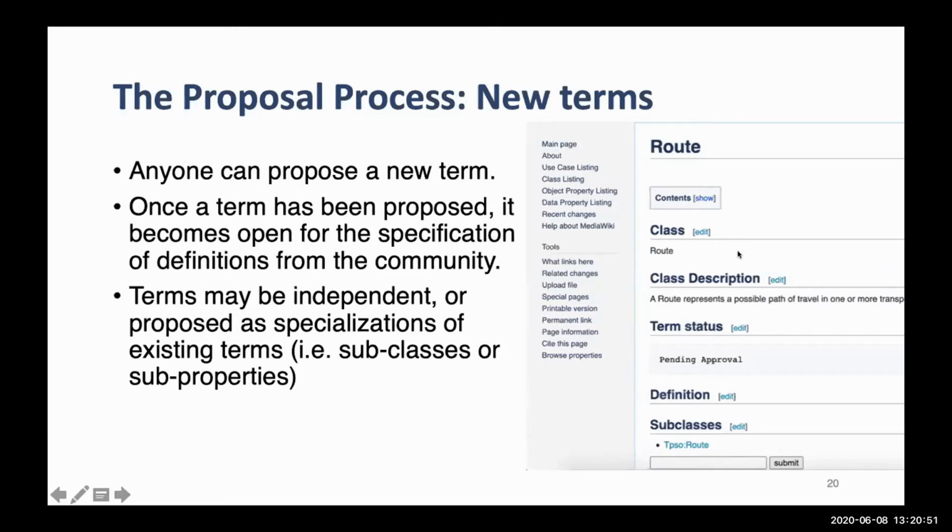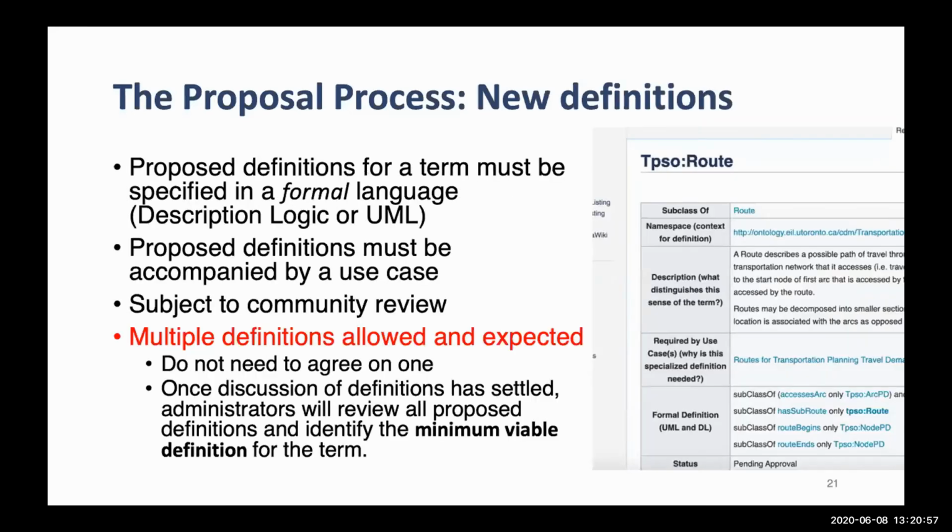And these definitions could be independent of one another, and they can also be proposed as specializations of existing terms. These proposed definitions must be specified in a formal logic to avoid the issues of ambiguity, and they must be accompanied by a use case. This requirement is to ensure that the rationale or the need for a particular definition or term is clear, and they're then subject to community review.